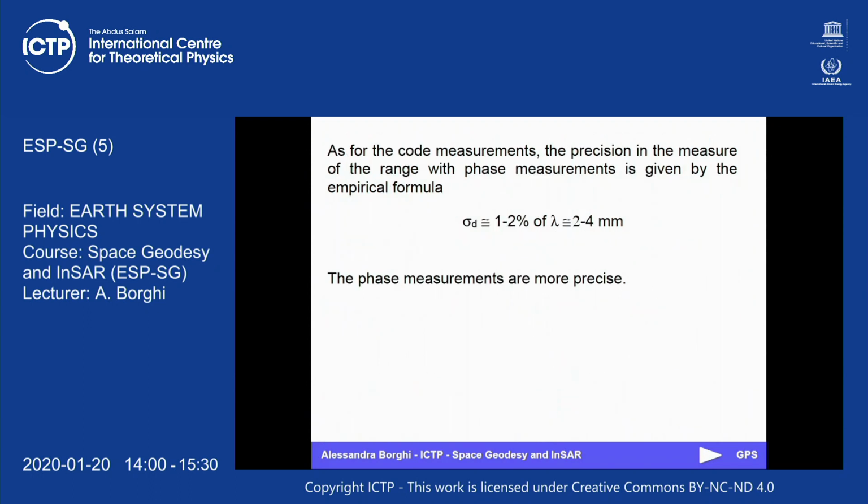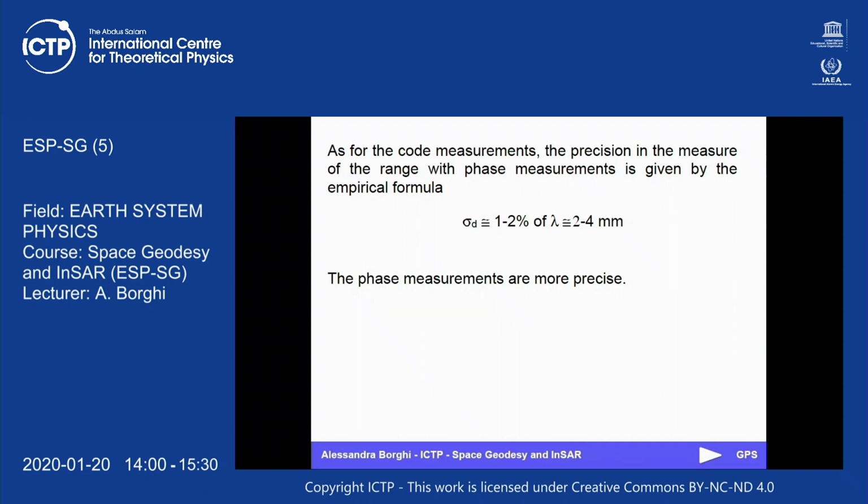What about the precision? We have seen that there is this empirical rule that says that the precision is given more or less by 1 to 100 percent of the wavelength. So the wavelength of the GPS is more or less 20 centimeters. So the theoretical precision is 24 millimeters.